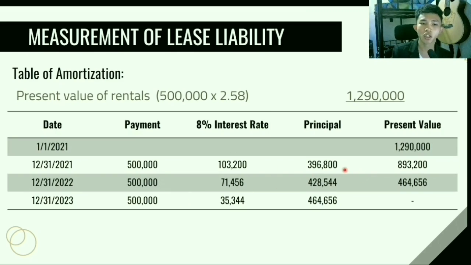So, we will get 396,800 pesos. Then, yung nakuha nating principal, ito yung naibawas natin sa present value. So, we will subtract principal from the present value. We will get 893,200. Cycle lang siya, dire-diretso lang siya with the same process hanggang mag-zero out yung present value natin at the last term.